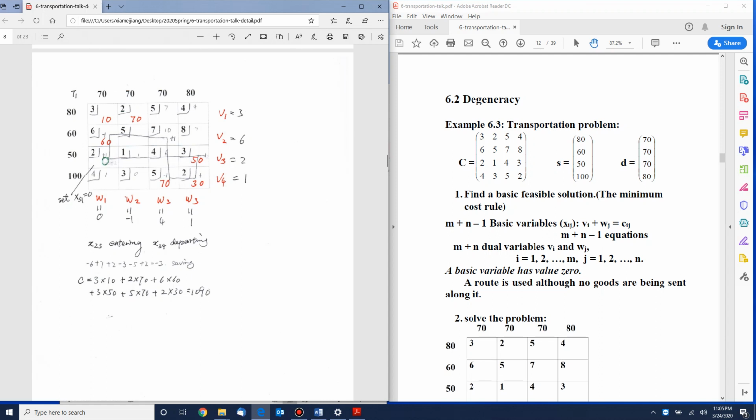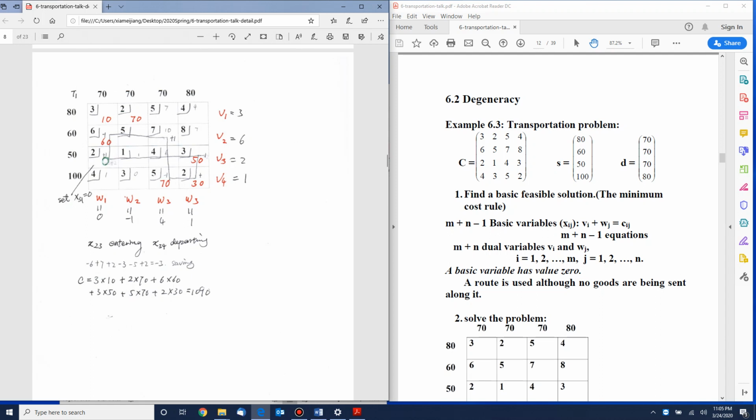Then you want to connect those dual variables with the group over here. For example, here, if we do not have that 0 value basic variable, you could see that if we settle v1 equals 0, then we have w1 equals 3, w2 equals 2.